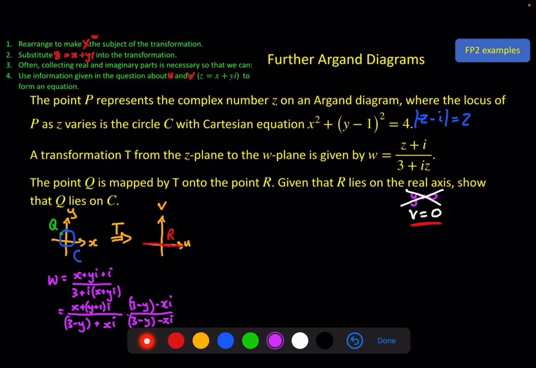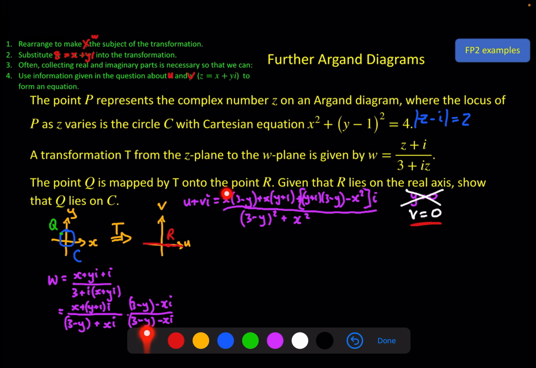On the left-hand side, I can replace the w with a u plus vi. The key point being we know v must equal 0 if R lies on the real axis. And that will give x(3 minus y) plus (x)(y plus 1) plus (y plus 1)(3 minus y) minus x squared i, and all of that is divided by (3 minus y) squared plus x squared.